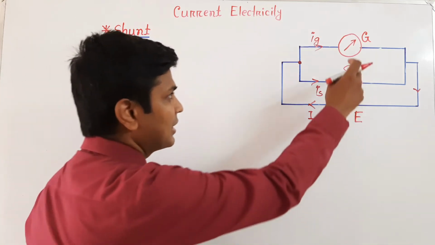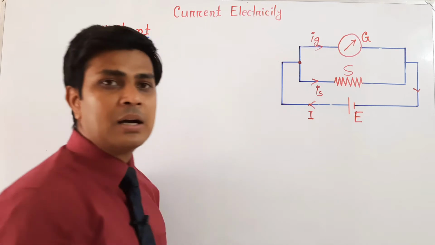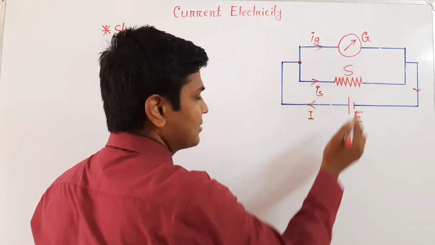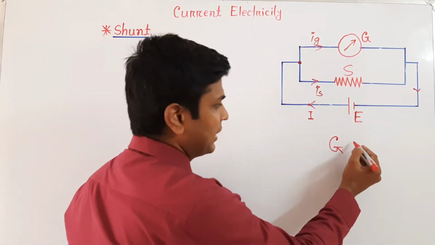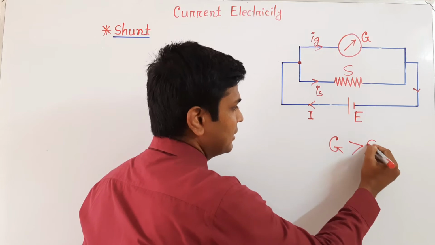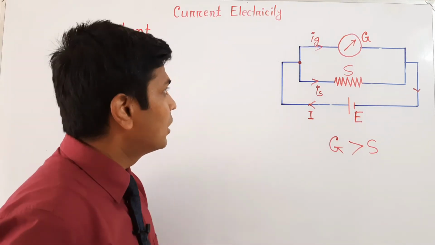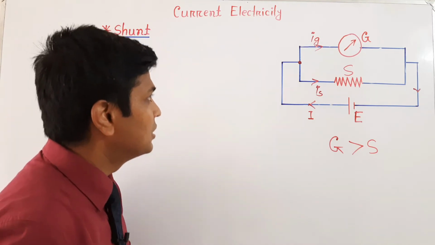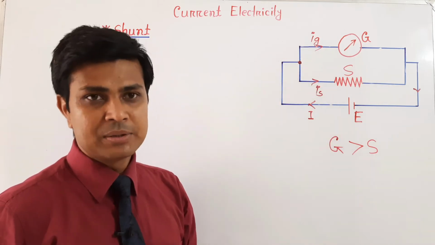So if we consider the galvanometer resistance is capital G and the shunt resistance is capital S, then we can write that G is always greater than S. Now I will try to show you an equation related to the current passing through the galvanometer and the main current.